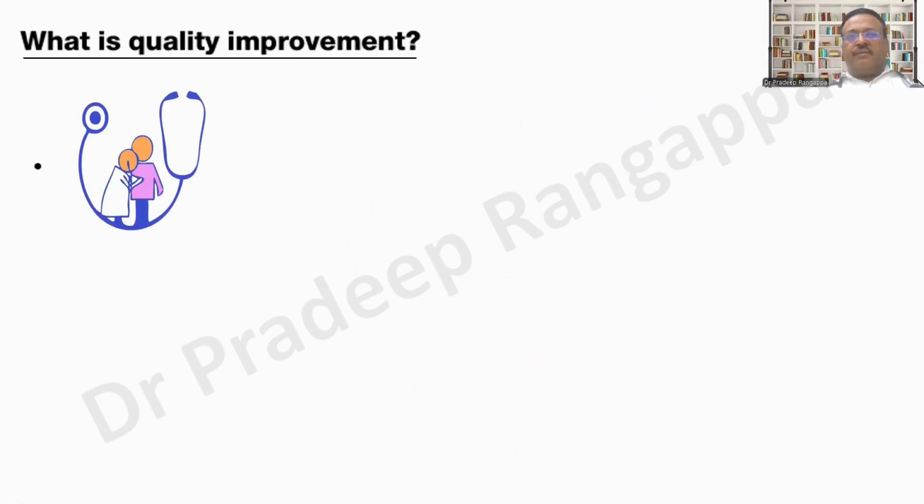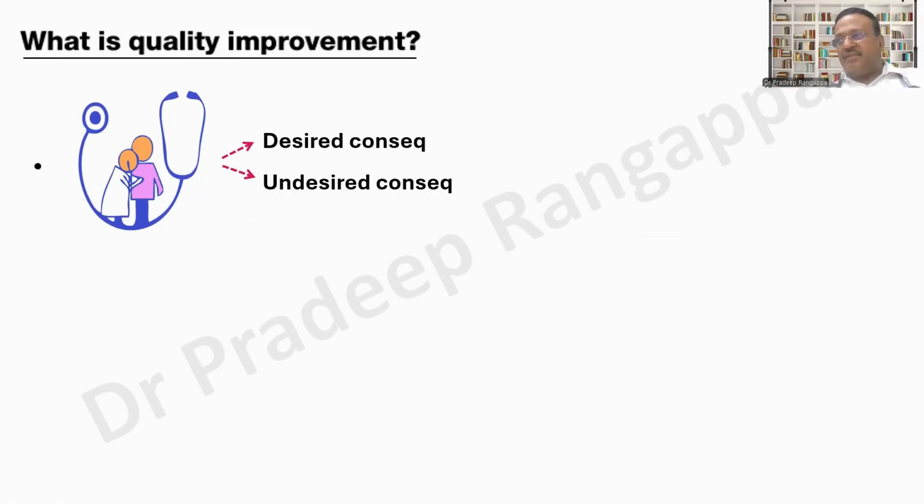Now the question is, what is quality improvement? Is it the same as audit? When we are providing clinical care to the patients, not always do we get a desired consequence. There are desired consequences, and there are consequences which are undesired, because with every patient we treat, the outcome will not necessarily happen in an expected way.